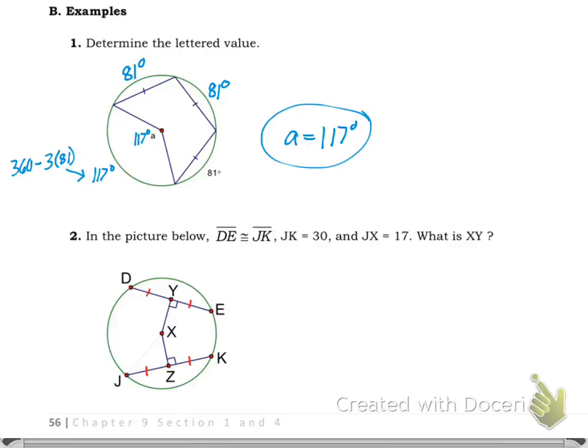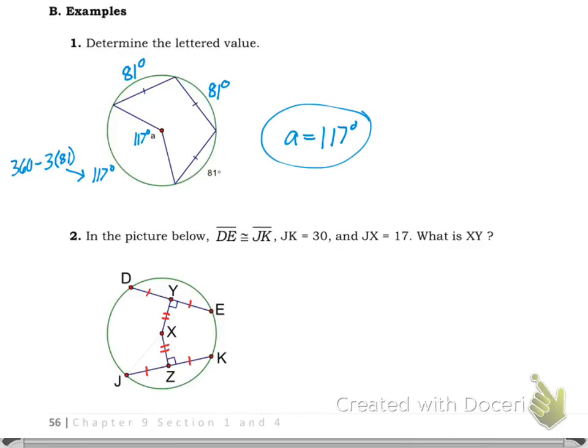I also know, because those two chords are congruent, that YZ is congruent to XZ. I might not need all those facts, but it's always good to start thinking about all the stuff you know when they give you facts.